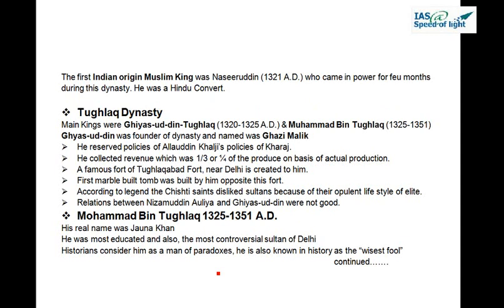Alauddin Khilji died in 1316 AD. And the Delhi Sultanate was again plunged into confusion.